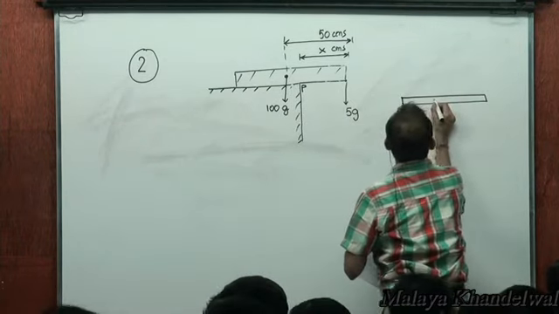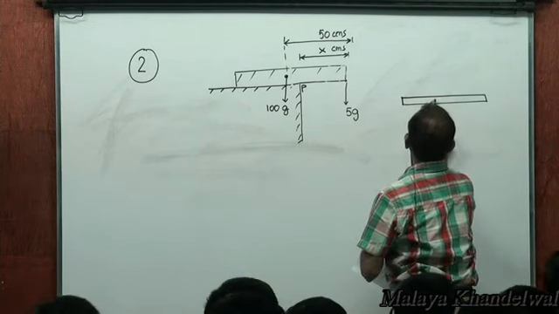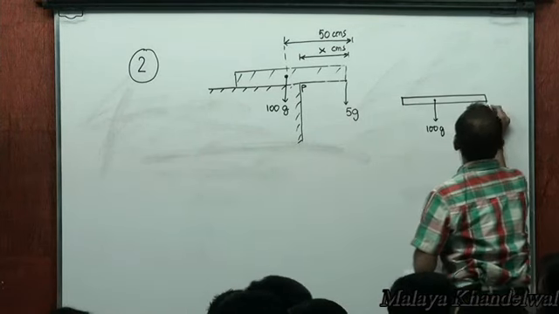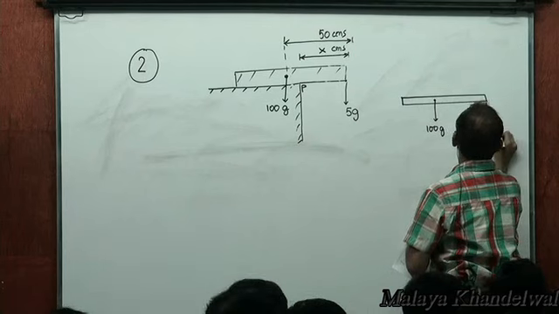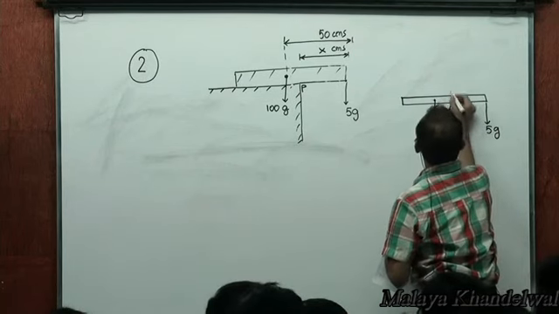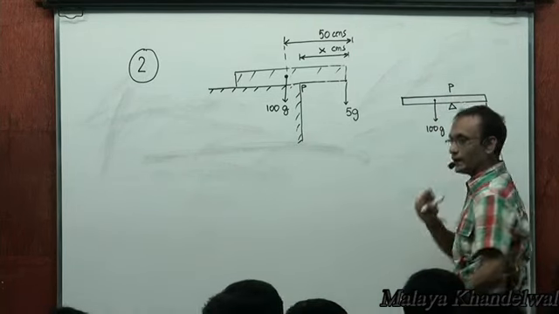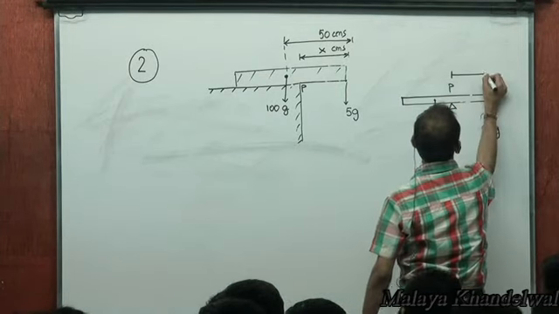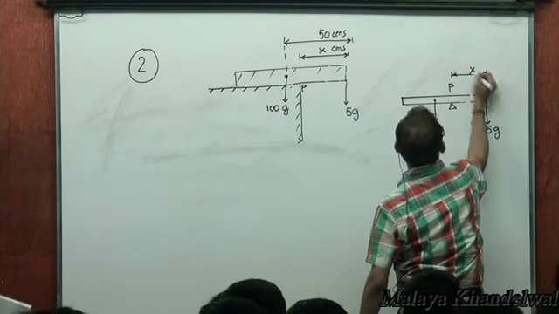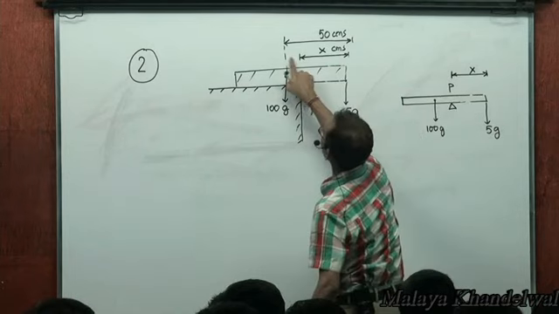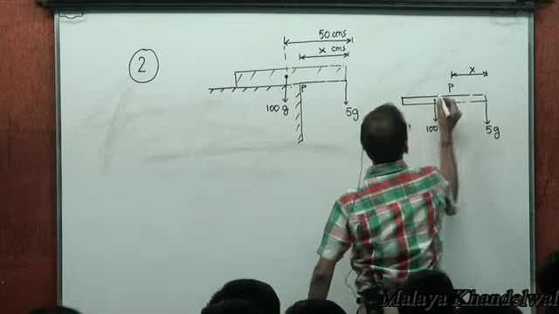It's as if there is 100 grams acting through its midpoint. There is 5 grams here, and there is this point P, the hinge, right? So in order that it could just tilt, this is x units. So this length would be 50 minus x units.